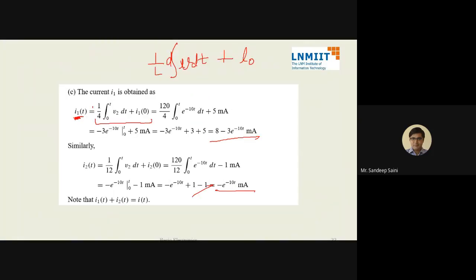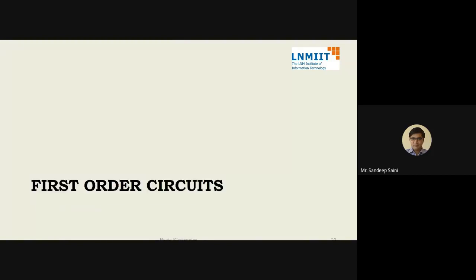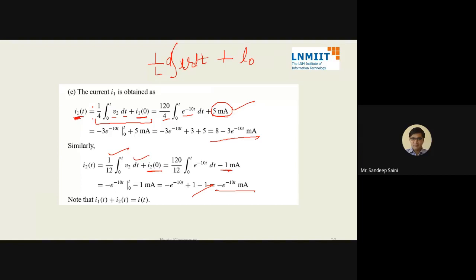So 1 by 4 integration V2 dt plus I1 naught. V2 was 120 e raised to power minus 10 t, dt, and 4 is here. What was I naught for I1? That was 5. Similarly, for I2, I2 naught was minus 1. So note down these two answers.